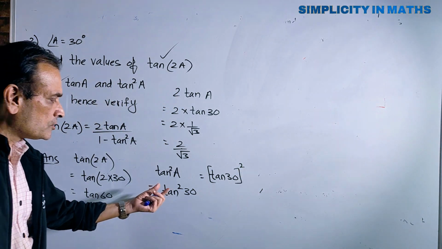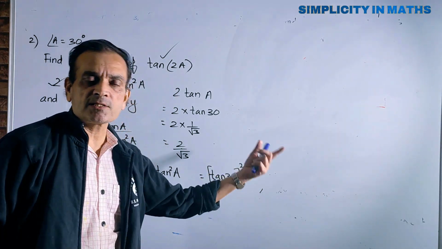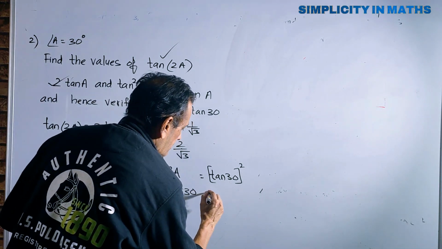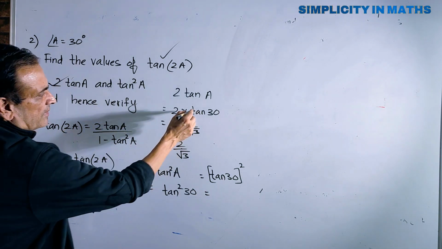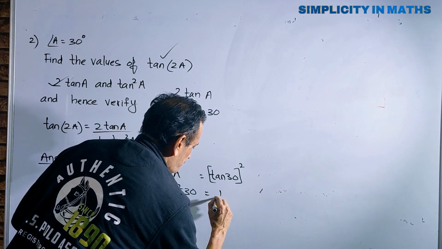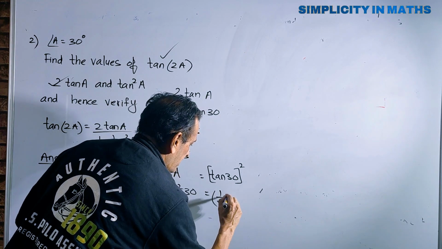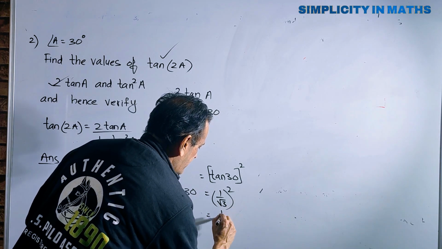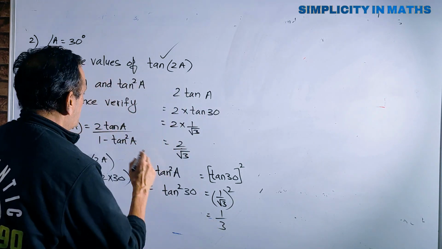What does tan squared mean, friends? It is tan 30 bracket squared. Tan squared means bracket squared. So tan 30, just now we have seen, is 1 by root 3. 1 by root 3 bracket squared. What is 1 by root 3 bracket squared? 1 squared is 1, root 3 squared is 3. We got this.